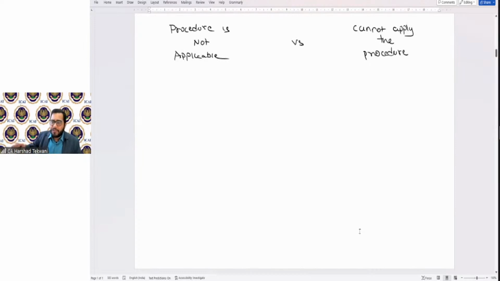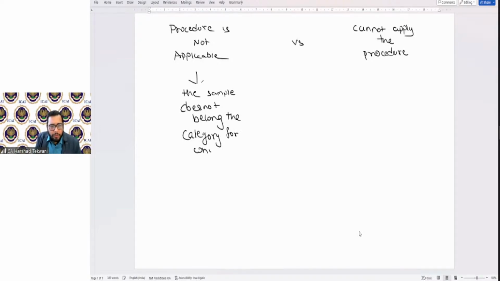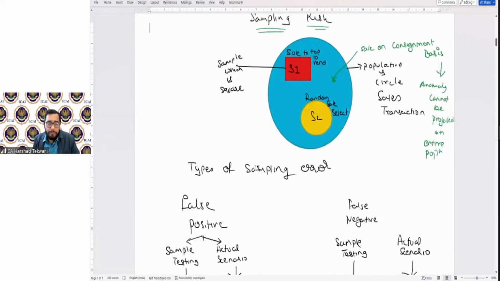When I say the procedure is not applicable, that means the sample does not belong to the category for which the auditor is performing the testing.